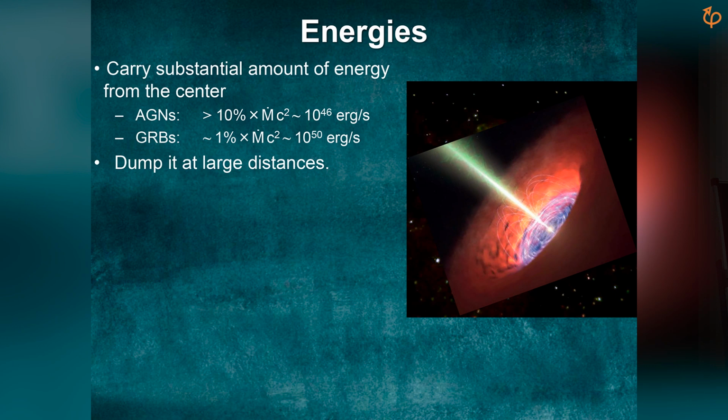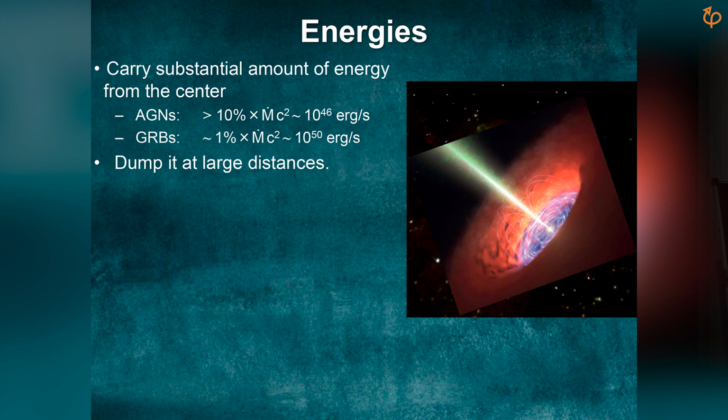Okay, so why are jets interesting? First of all, apart from the fact that they are beautiful to the eye, they are also a very efficient conveyor of energy. Basically, they can take a lot of energy from the central region of either the galaxy or the star or whatever engine is launching them, and dump it at huge distances away from their source.